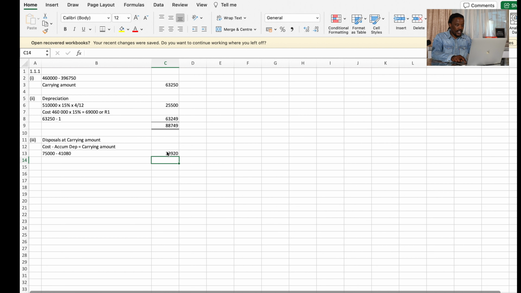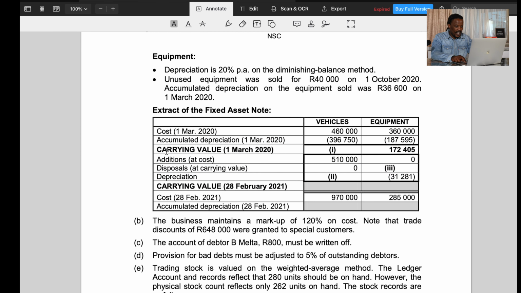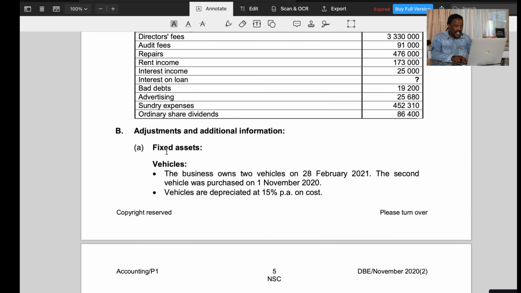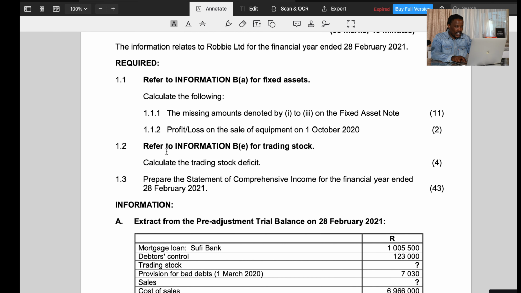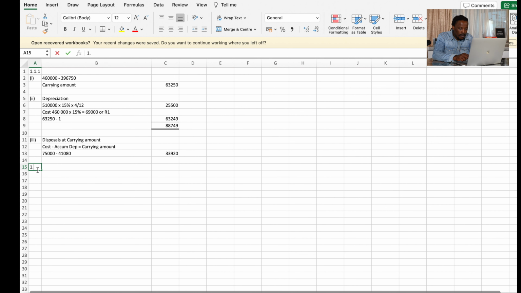Now, are you happy with that? Disposals at carrying amount. Let's look at the next question, because we've answered these Roman figures until number 3. We have 1.1.2, profit or loss on sale of equipment on 1 October 2020. You have that answer because we got the profit on sale of asset.